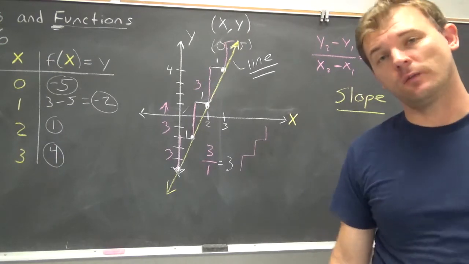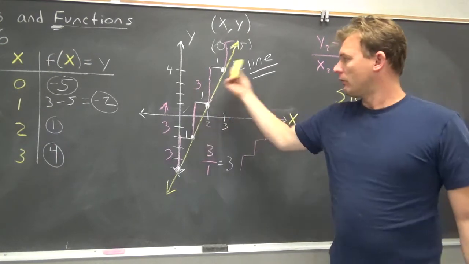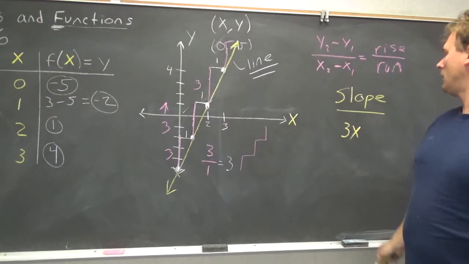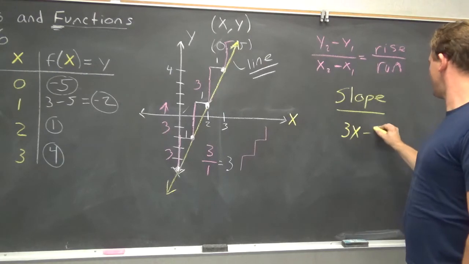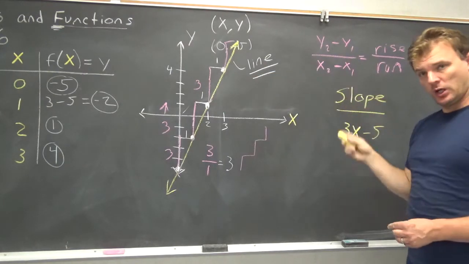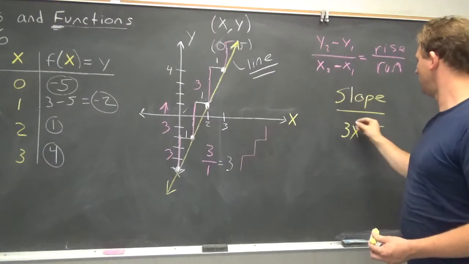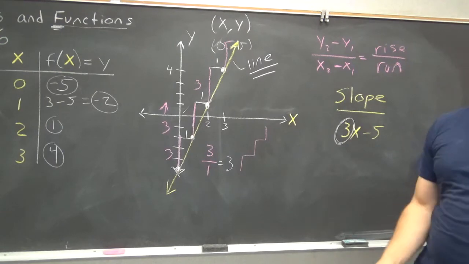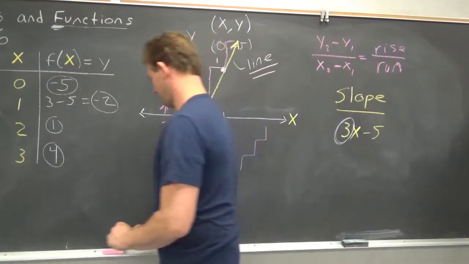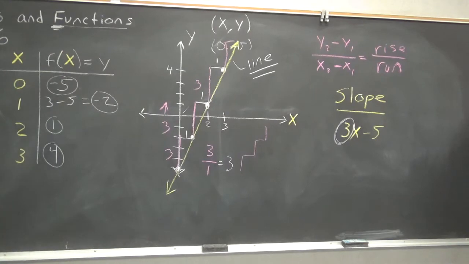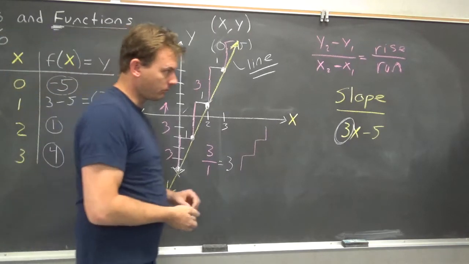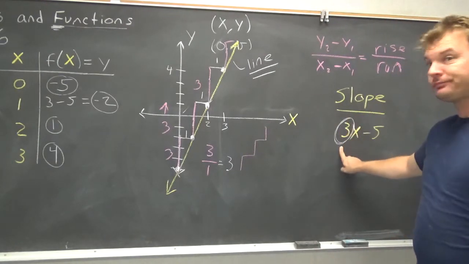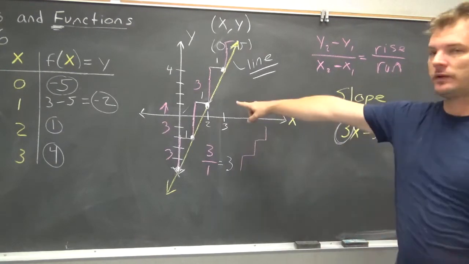And this is our equation that we had over there. Our slope is 3. And that's what happened here.